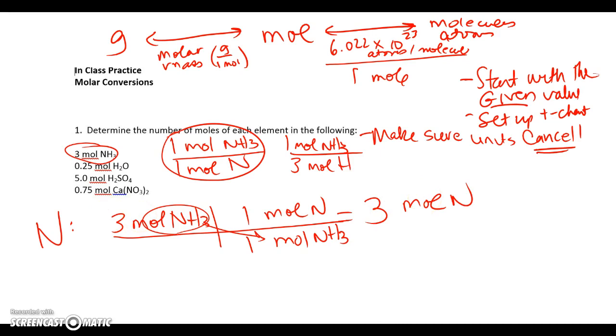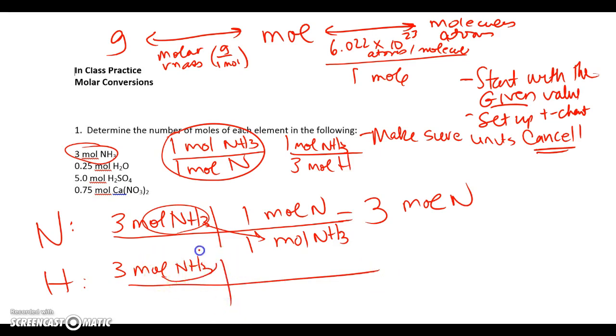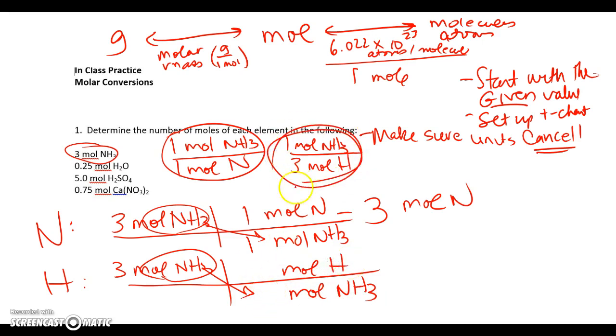All right, next let's look at hydrogen. What's our given? 3 moles of NH3. Set up the T-chart. For this unit to cancel, it's got to drop down. Moles of NH3, and we want to get to moles of hydrogen. I'm going to use this conversion factor. 1 mole of NH3 gives me 3 moles of hydrogen.